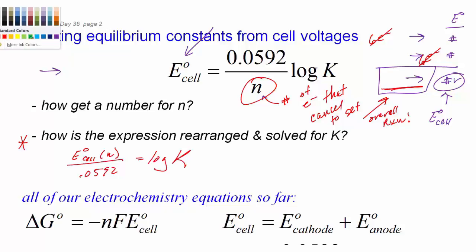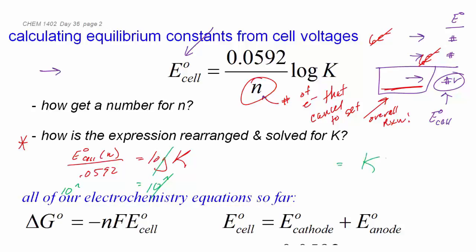The inverse function is 10 to the power, right? So raise both sides to the 10 power, and we'll have our answer. So what equals K? K equals 10 to the E0 cell times n all over 0.0592.